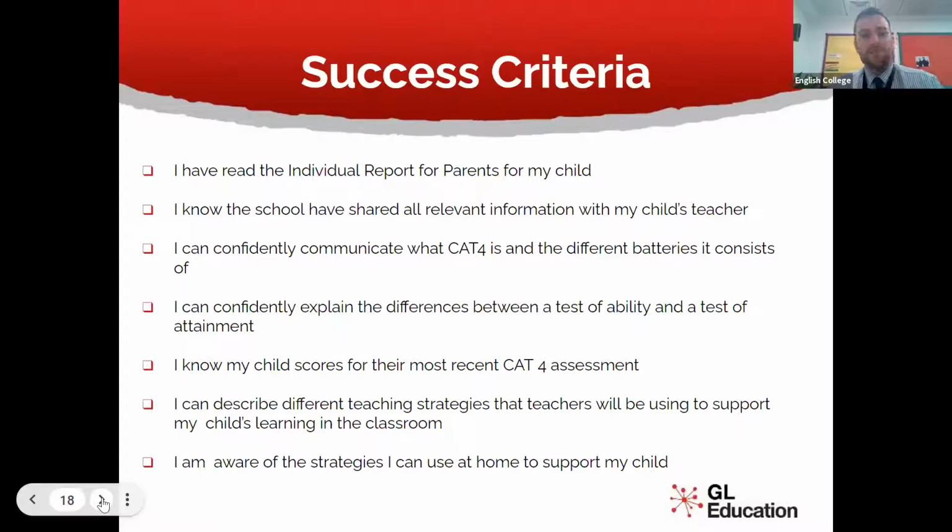You can understand the difference between a test of ability and a test of attainment, and later in the year we'll talk to you more about the tests we'll be doing in the primary school in regards to attainment, not ability. You now know your child's scores for their most recent CAT4 assessment, and you can describe some of the teaching strategies that we use at the English College to support your child's learning in the classroom. And hopefully you've taken away some strategies that you can use at home to support your child.